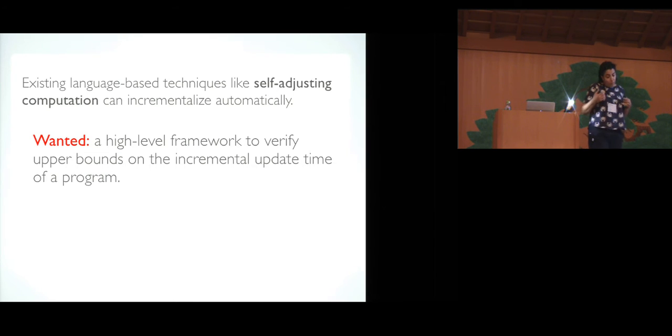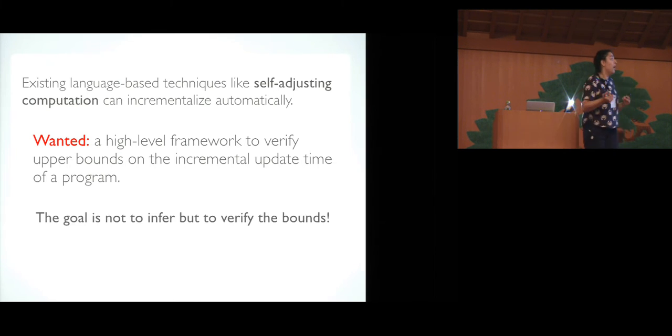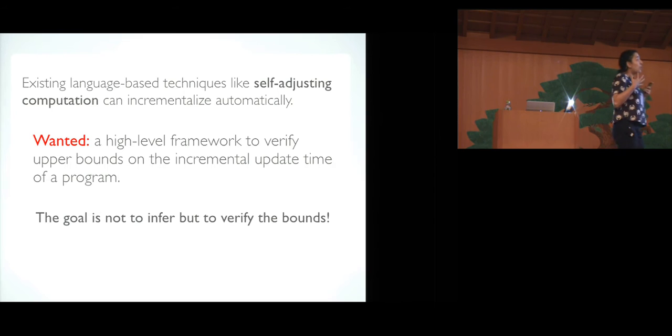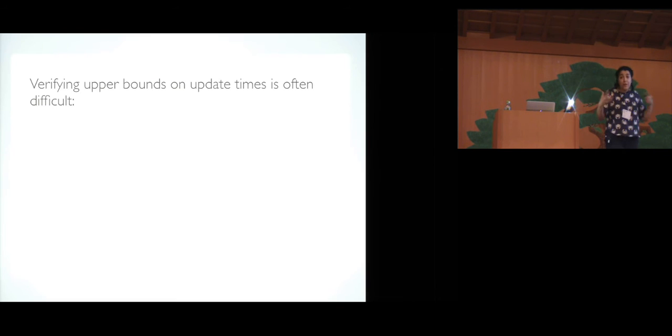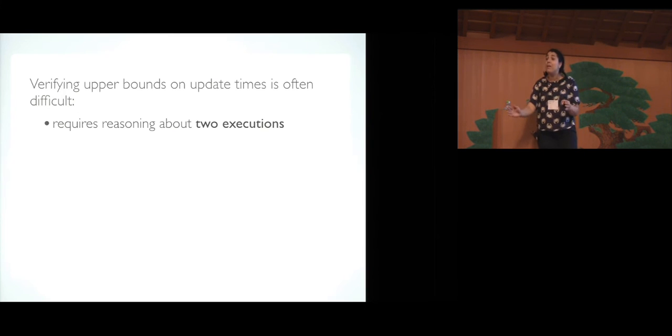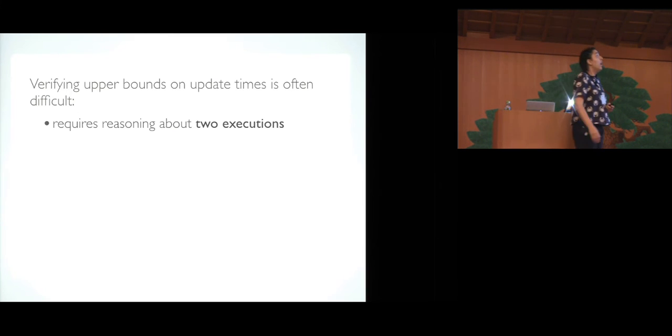And here I mean verify, because our goal is not to infer. As you'll see in the rest of the talk, these bounds are a bit complicated. So we want to verify these bounds, not to infer. And doing this analysis of verifying upper bounds on algorithmic analysis on pen and paper is very difficult most often, because it requires you to reason about two executions of the program, the initial run and the incremental run, and their interaction.